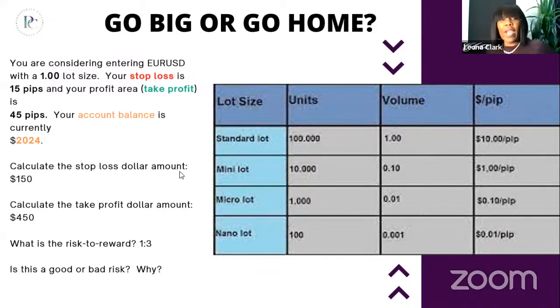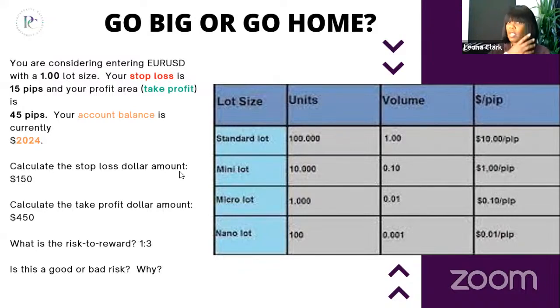As a new trader, you should only be risking 1% of your account balance on each trade. So again, is this a good or bad risk, and why? I'm giving y'all some time to type, and then I'm going to give you my answer and tell you why.